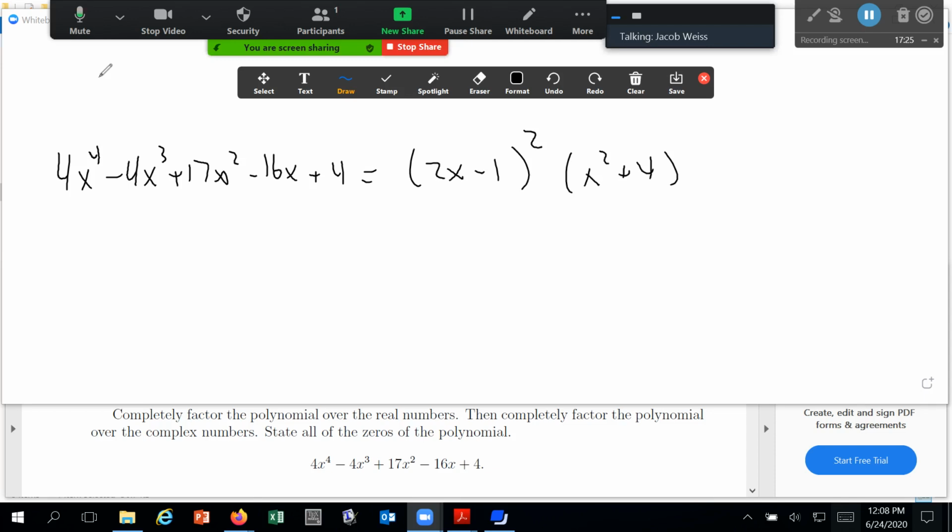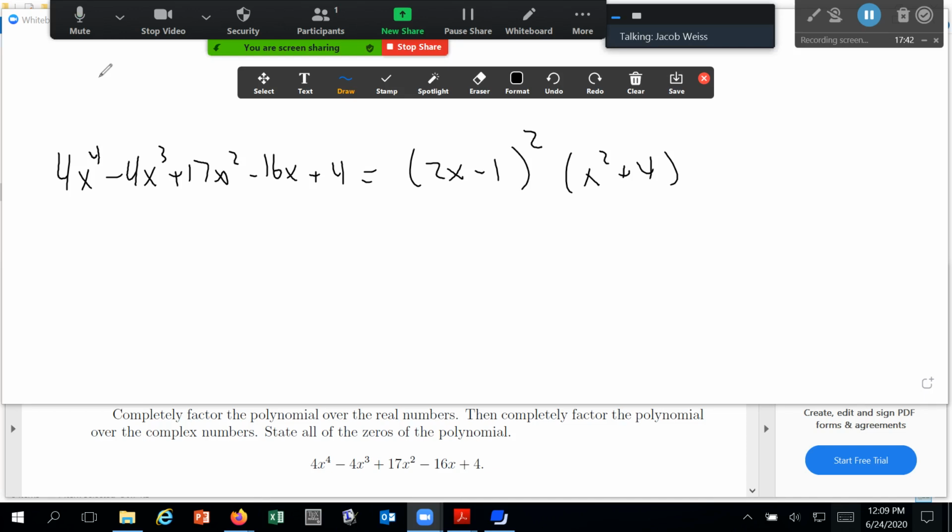And 2x minus 1 times 2x minus 1 we can write as 2x minus 1 quantity squared. Okay, so that completely factors the polynomial over the real numbers.